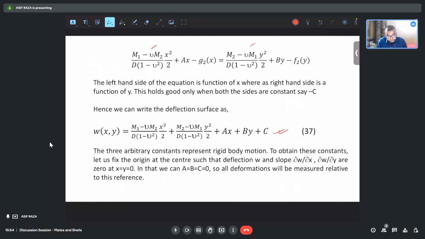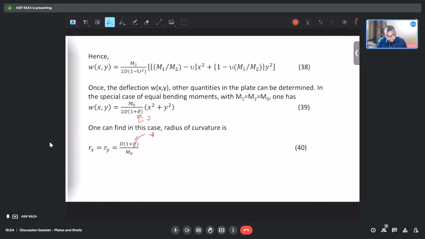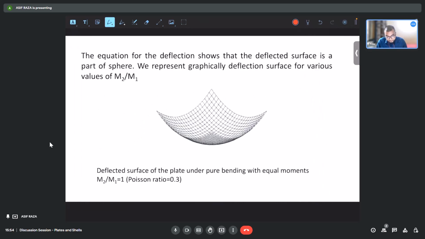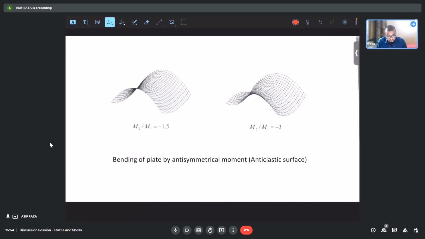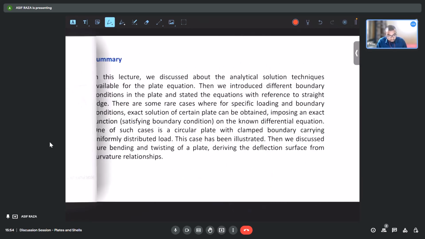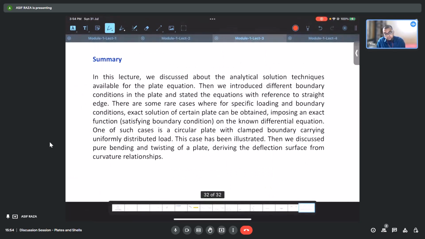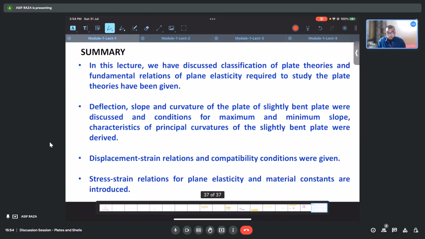Please follow these corrections. In equations 39 and 40 as well. So I think these many corrections need to be followed.